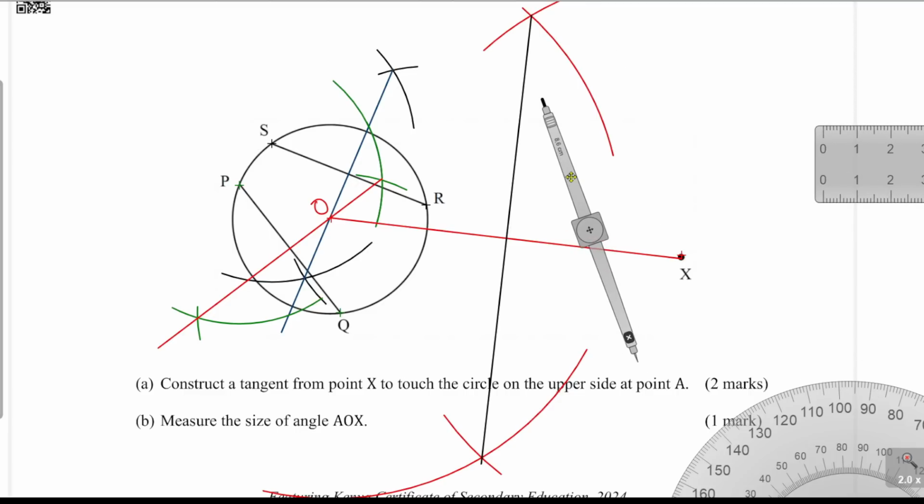So you get this distance from this point. You can call this point M, that midpoint there.